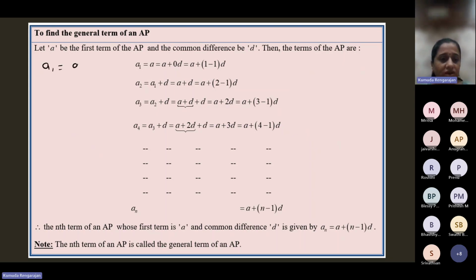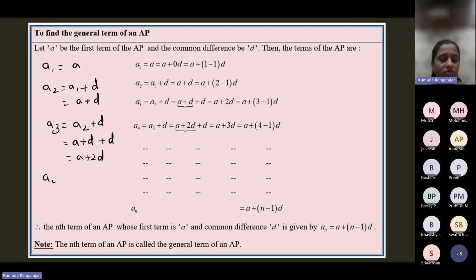So the first term is A. The second term is the first term plus the common difference, which is A plus D. The third term is the second term plus the common difference, A plus D plus D, which is A plus 2D.